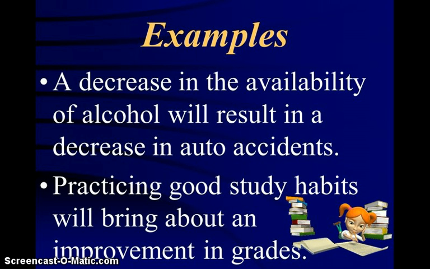We are studying the effect of the availability of alcohol, so that's your independent variable, upon auto accidents. That would be your dependent variable. And last one, practicing good study habits will bring about an improvement in grades. We are studying the effect of good study habits upon grades. That would be your independent and dependent variables.